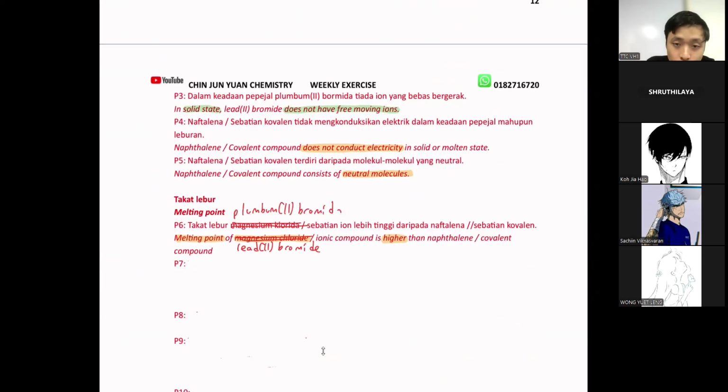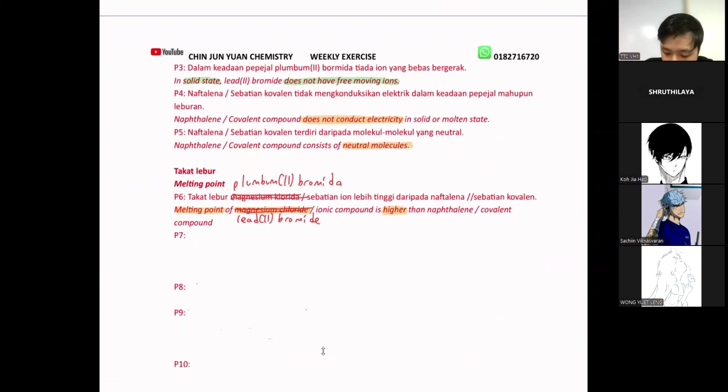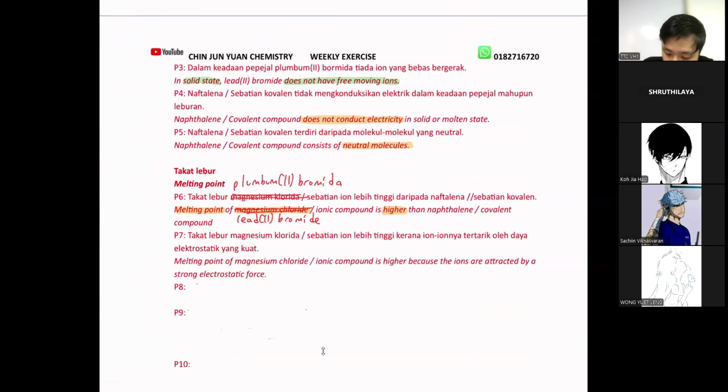In Malay, it's called lambum dual bromide. I'm happy to change. So this one is lambum dual bromide. Just write that one.